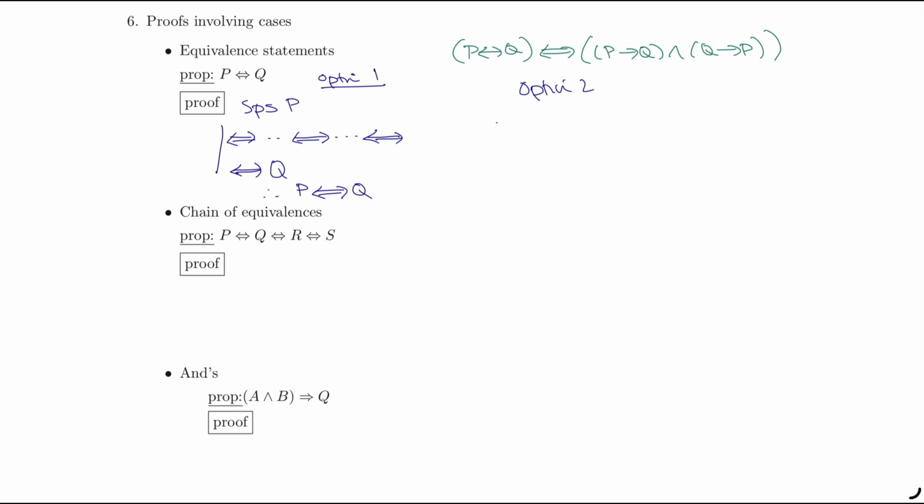You're going to start, suppose, you could use direct, you could use contrapositive, you could use contradiction, but somehow you prove if P then Q is a tautology, and then you have your second proof where you prove that if Q then P is a tautology, and therefore it follows that P and Q are equivalent. So it's really two proofs in one.